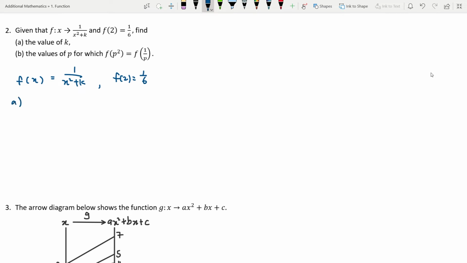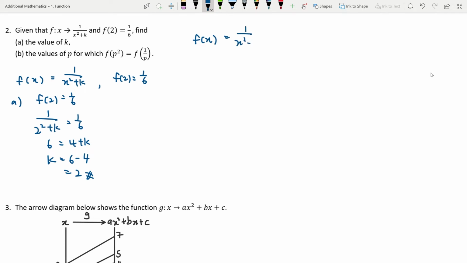Here, we will be using this piece of information, f of 2 equals 1 over 6. Substitute the 2 into the x, we get 1 over 2 squared plus k equals 1 over 6. We expand it and cross multiply it, we get 6 equals 4 plus k. So our k will be 6 minus 4, which is 2. Now our function f becomes 1 over x squared plus 2.